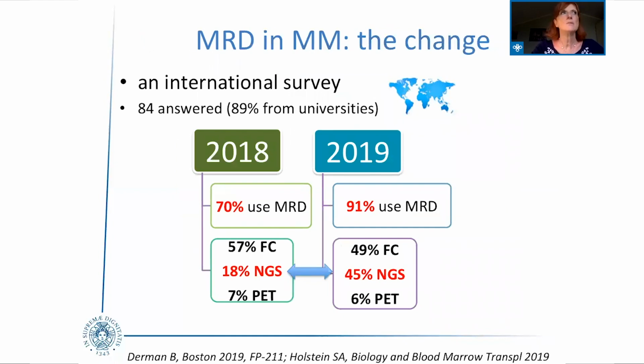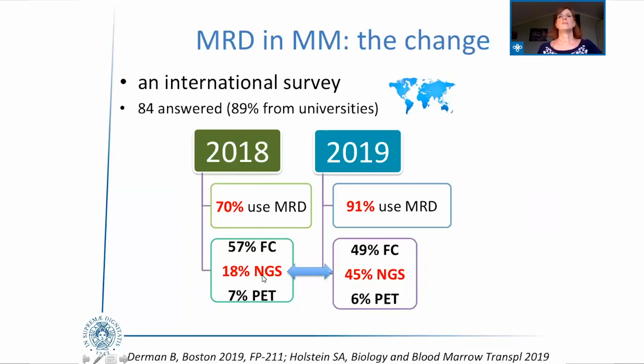NGS today is more and more used. You can see the same survey that we mentioned before, and you can see that in 2019, almost half of clinicians decided to use NGS for MRD assessment, in comparison to only 18% of clinicians that used NGS in 2018.